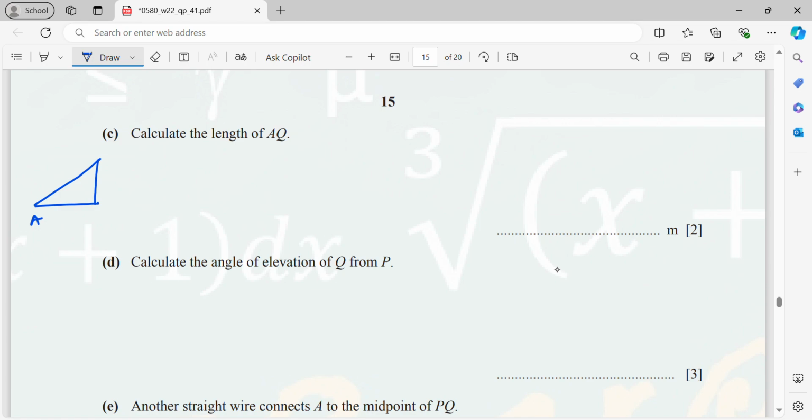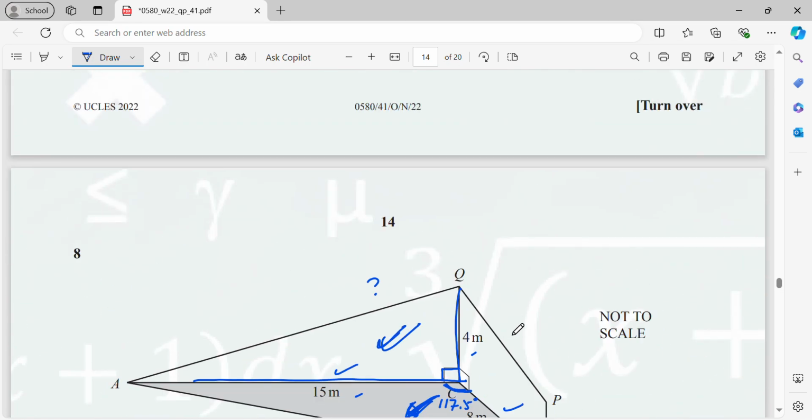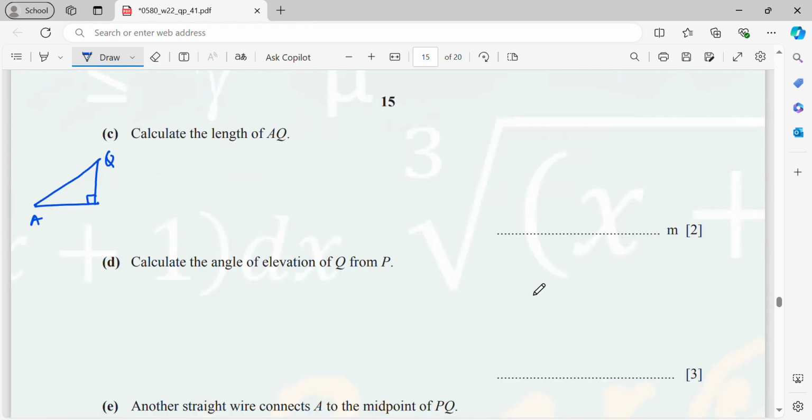AQ equals the square root of 4 squared plus 15 squared, and you will get the square root of 241. This is the same as 15.5. So that is the AQ length.